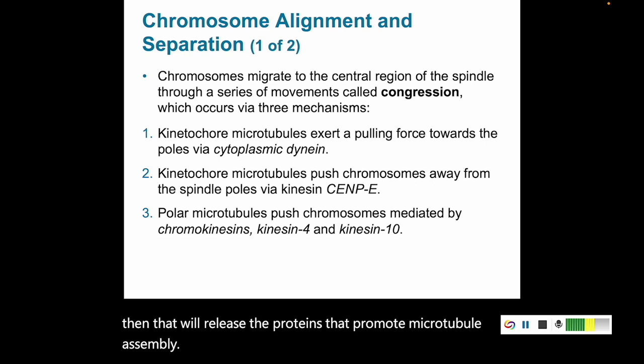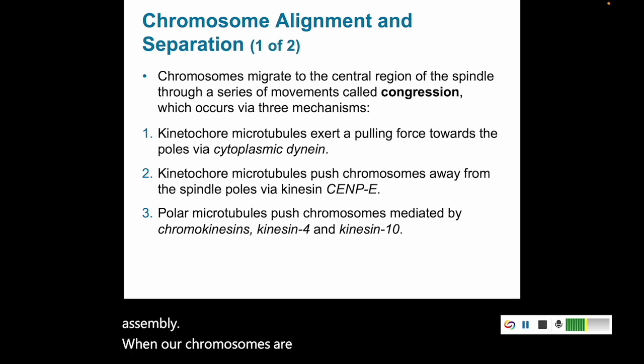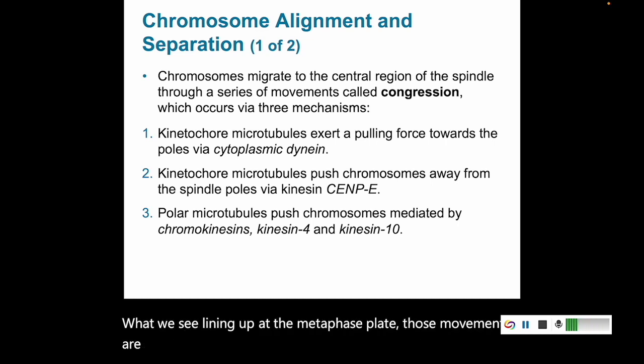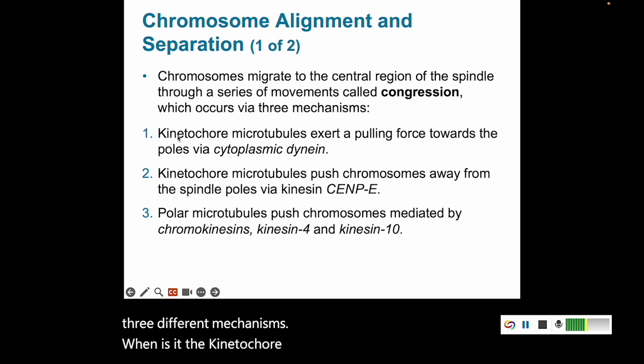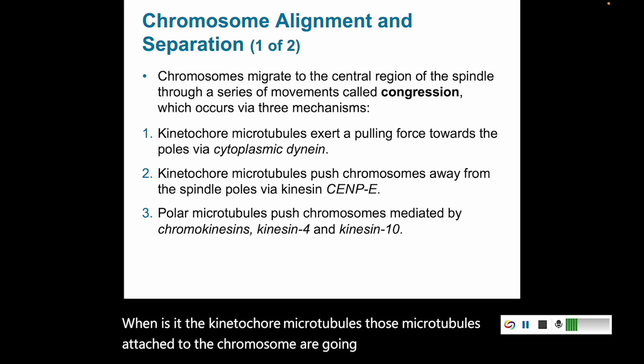When our chromosomes are moving to the central region of the spindle, what we see lining up at the metaphase plate, those movements are called congression. And congression is going to occur through three different mechanisms. One is that the kinetochore microtubules, those microtubules attached to the chromosome, are going to pull the chromosomes towards their poles.